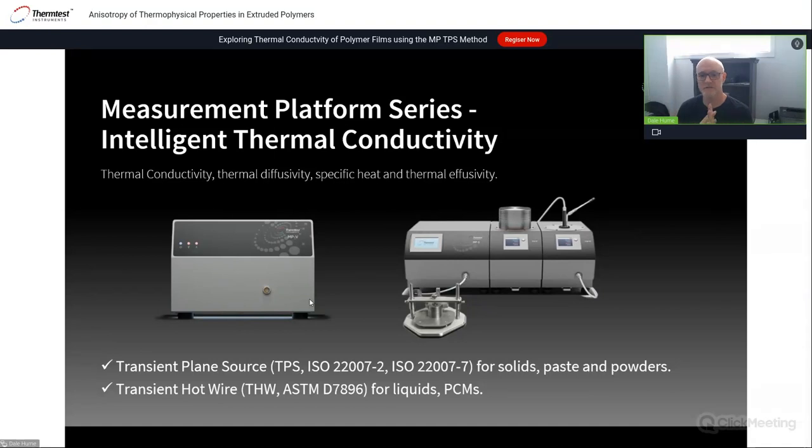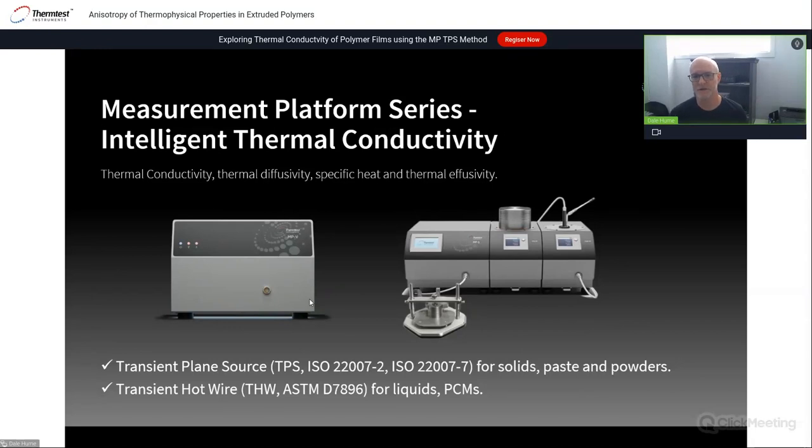And all of those sensors are available on our 3 main measurement platforms, MP, that's what that stands for. The 2 we're going to talk about today are our MPV, which is versatile, that's our mid-range instrument, and our MP1, which is our future-proof advanced thermophysical instrument that we've brought in as our two main testing instruments.